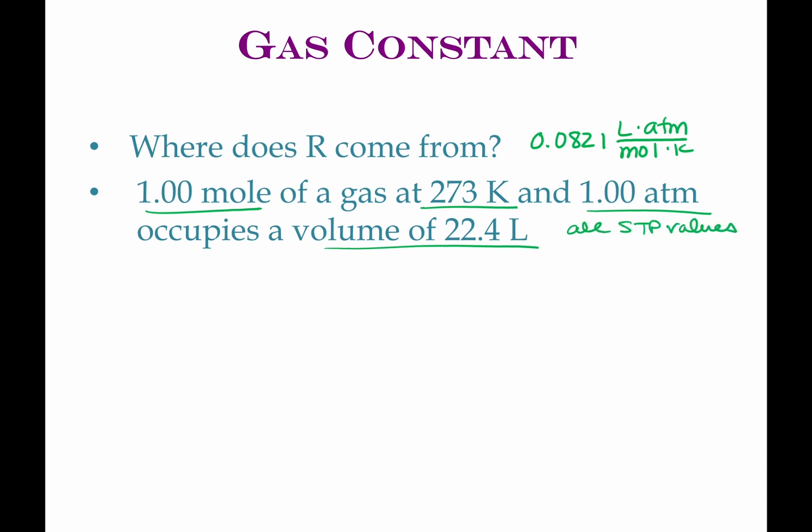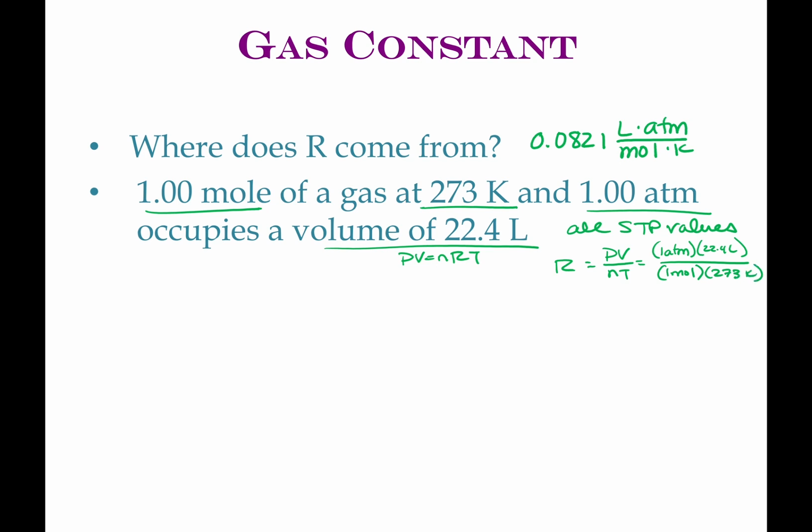So if you were to solve for R in the PV equals nRT equation, you would have PV divided by nT, and you would get pressure is 1 atmosphere, volume is 22.4 liters, n is 1 mole, and T is 273 Kelvin.